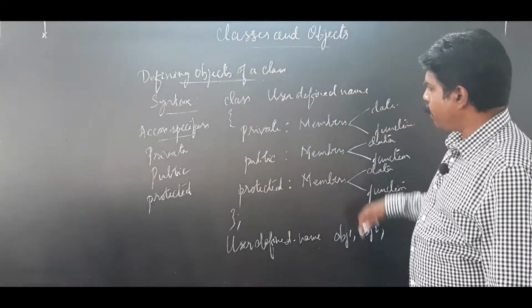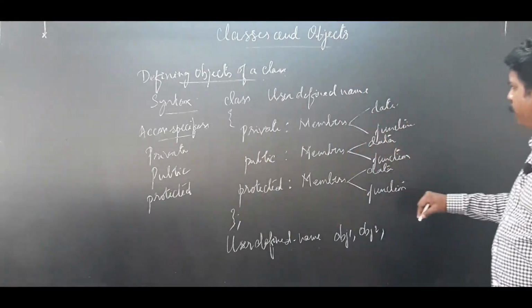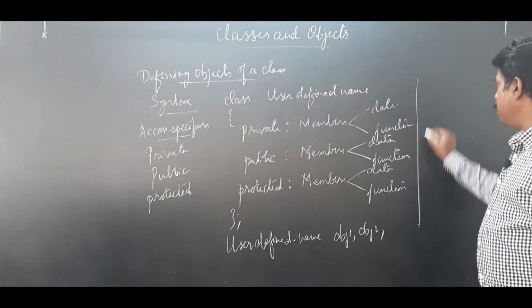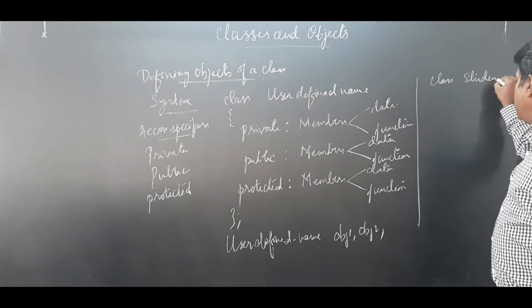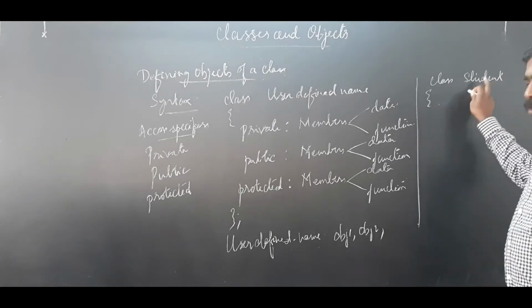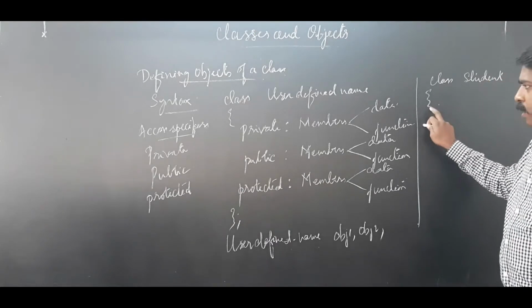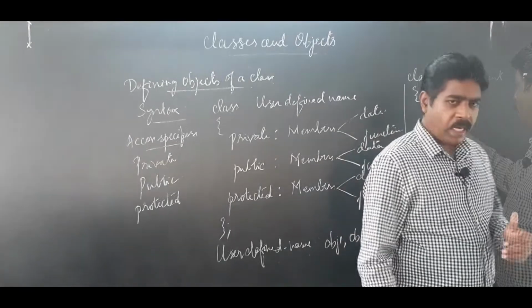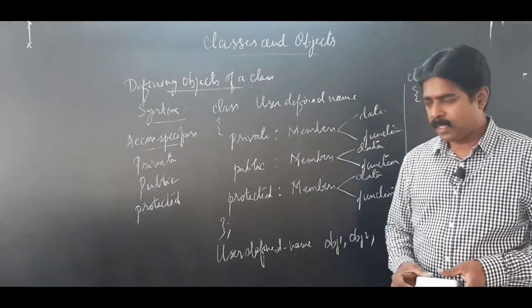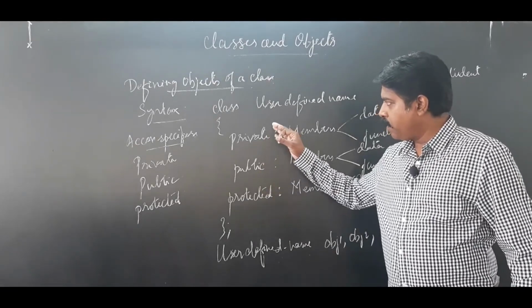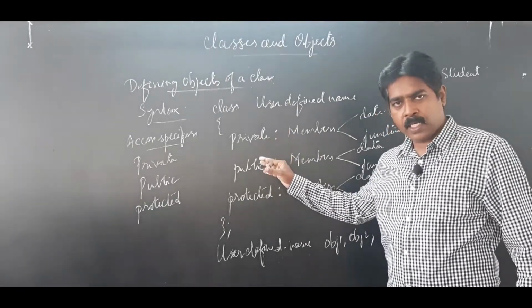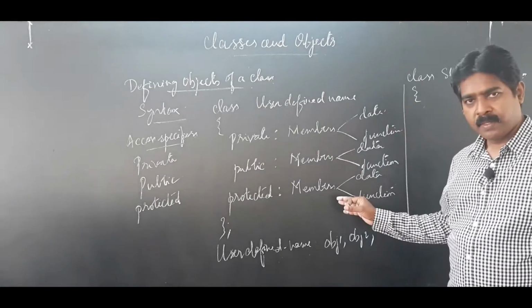And let me go for an example. Here I take class student, so student is the class name, open a curly bracket. Here I would like to bring up a point: whenever we write or define a class, we need members, right?